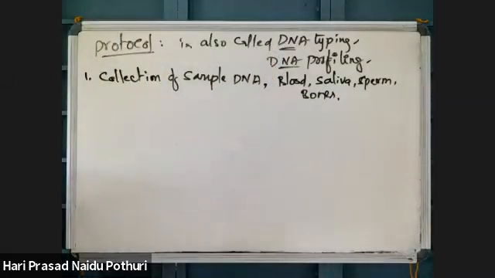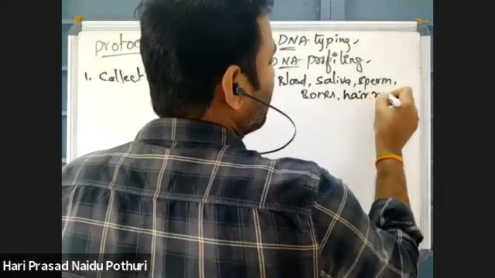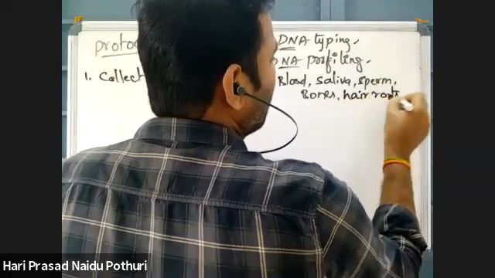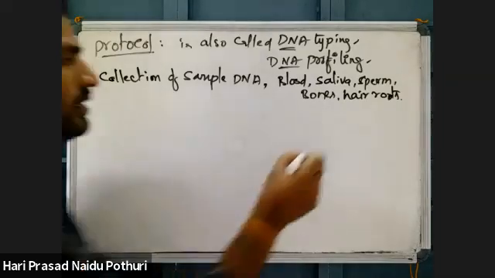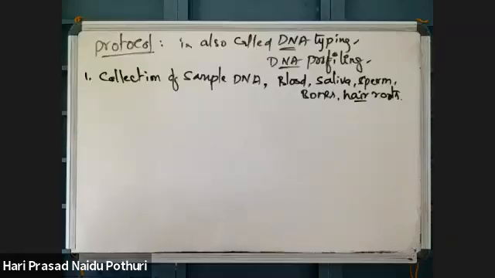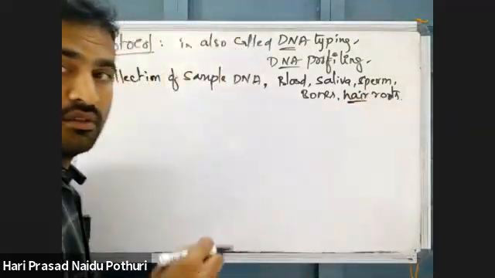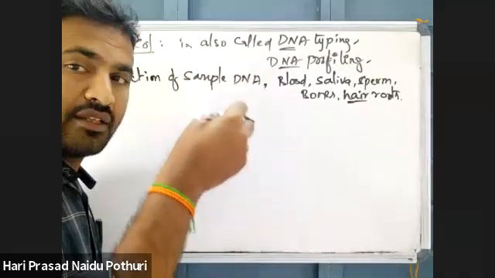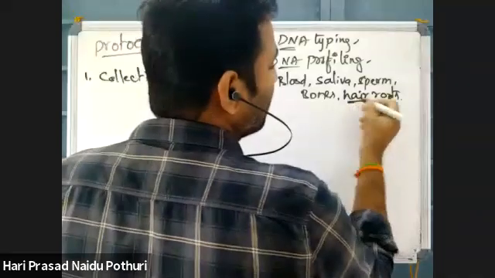Even hair also, not hair, but hair roots, because hair is a protein. Hair root has DNA; hair has no DNA because hair is a protein. The hair root has some cells. At the beginning of the hair there is a white structure, the hair root, that has DNA.